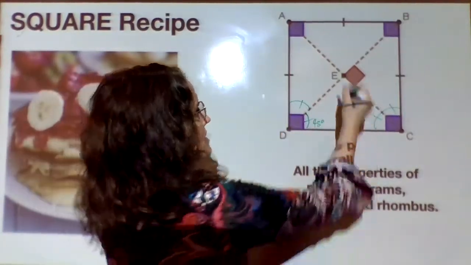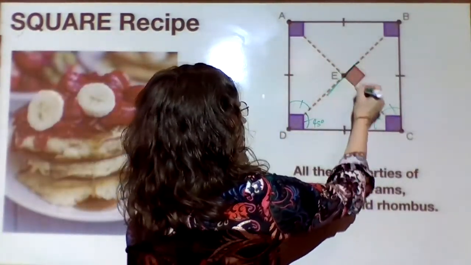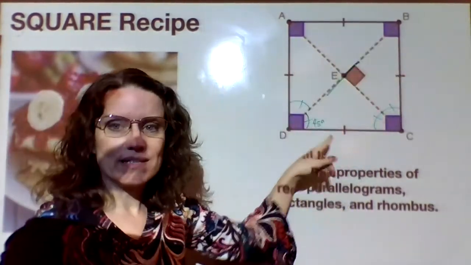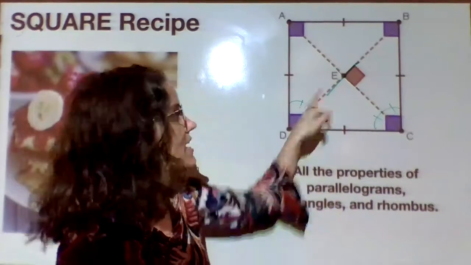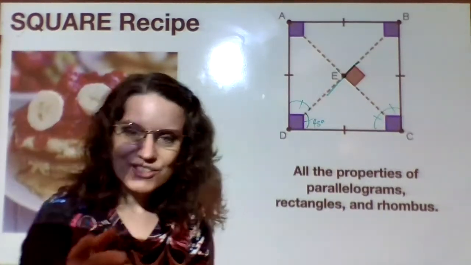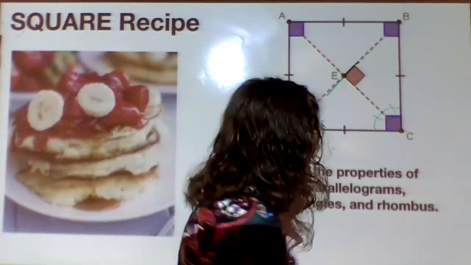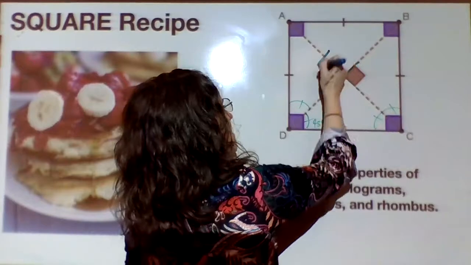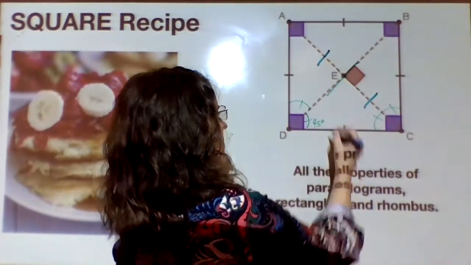We are also going to have perpendicular diagonals, because since the sides were congruent, since it's technically a rhombus, these are going to be perpendicular. But wait, there's more. It's also a rectangle, which means these diagonals aren't just perpendicular to each other, they also bisect each other.